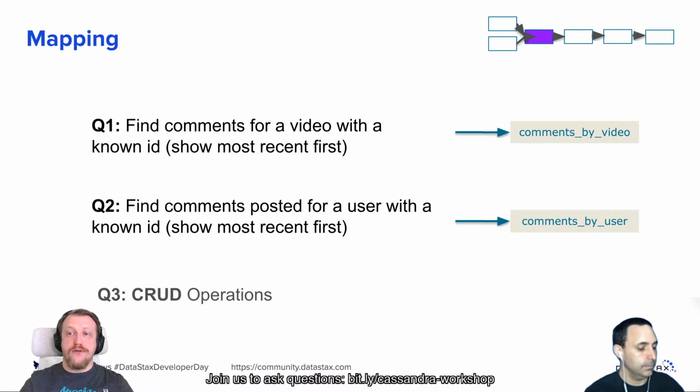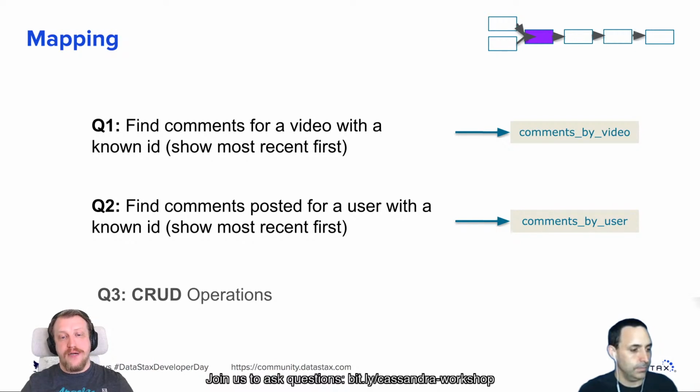And we start to think of a table, comments by video. And then the second workflow, find comments posted by a user with known user ID, most recent first.